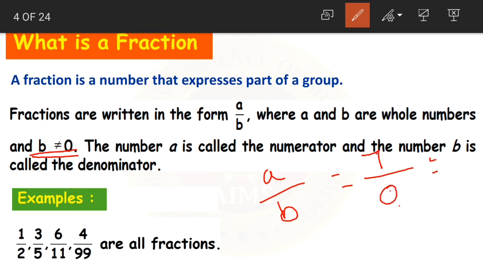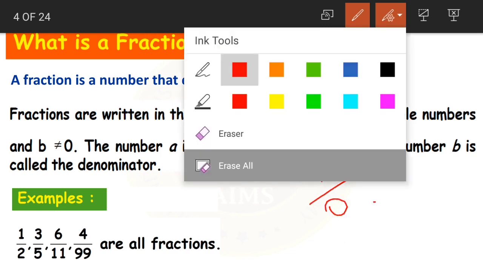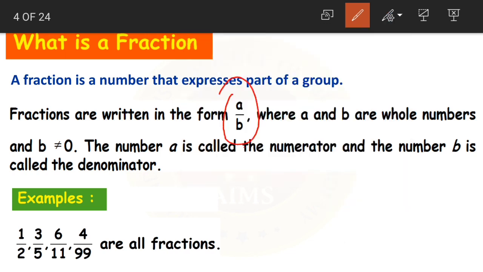We cannot divide a number by 0. 7 divided by 0 does not give us an answer. So 7 by 0 is not a fraction. In a fraction, the denominator b can never be equal to 0.